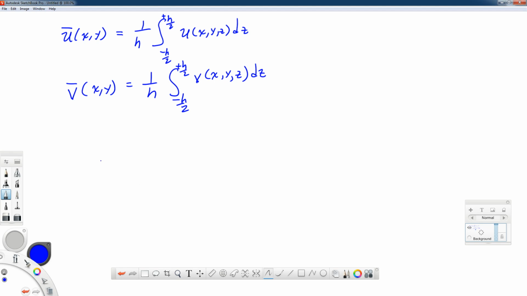We can also have displacements in the z direction, and we can indicate that by a mean value as well. And these would be, again, based on similar expressions for the full displacement field. It's a function of x, y, and z in the z direction, that little w integrated over the thickness and divided by the value of the thickness.